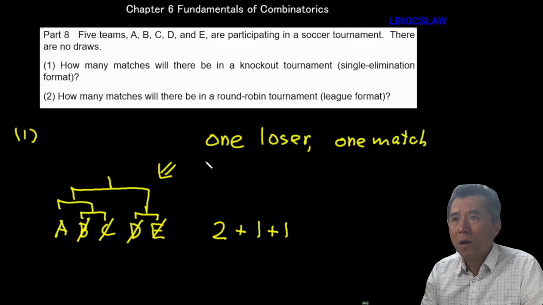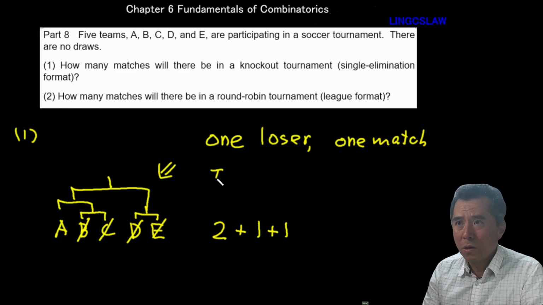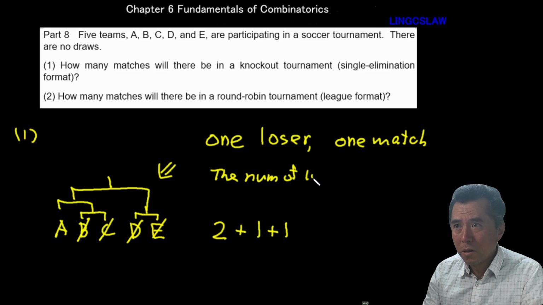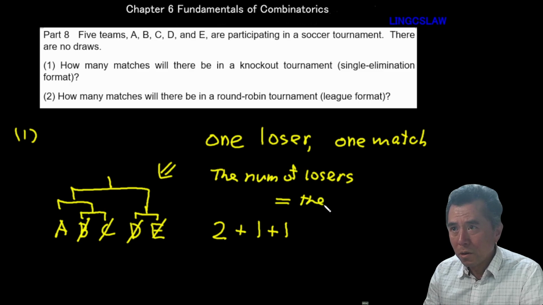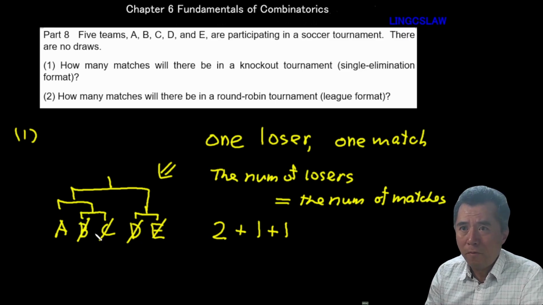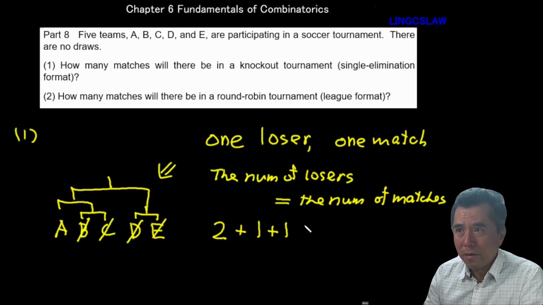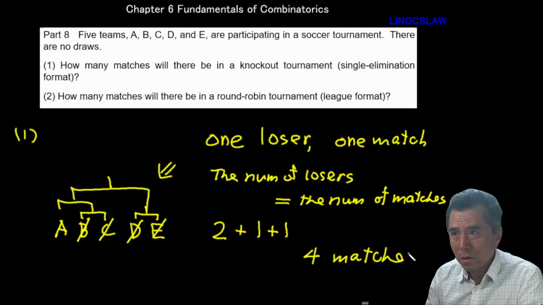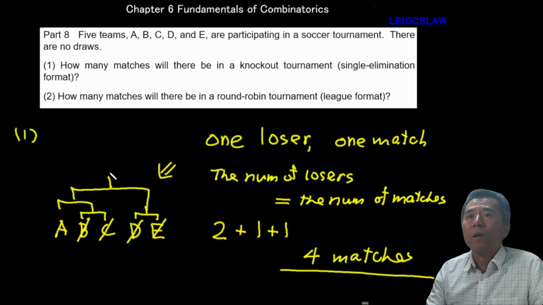That is, the number of losers equals the number of matches. Since there should be 4 losers, there are 4 matches. This is the answer.